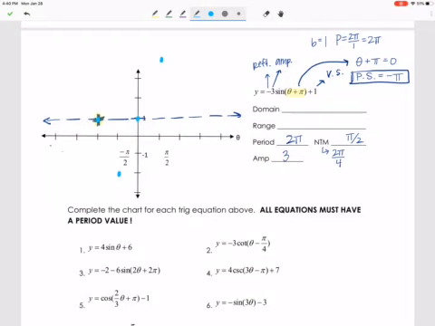I know we ran out of space up there. That's okay. Back to the line, down 1, 2, 3 from the line, and then back up to the line. Continue that pattern over here.